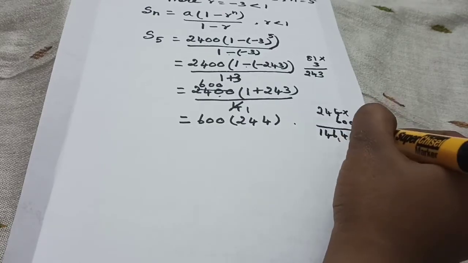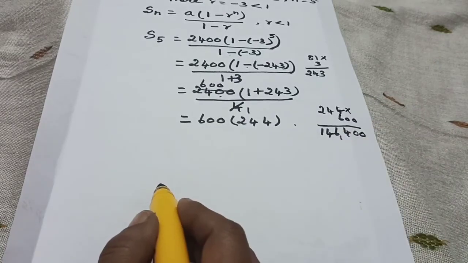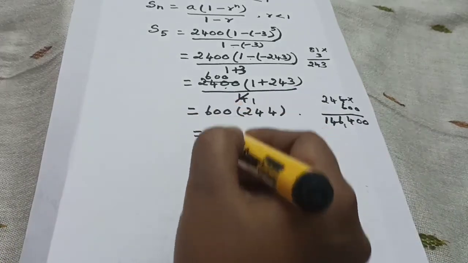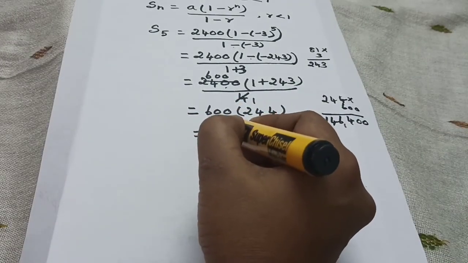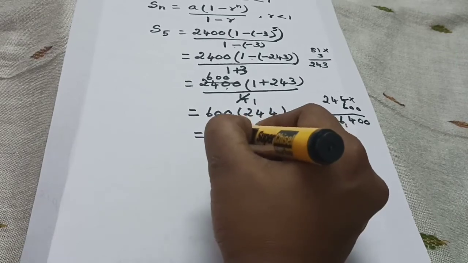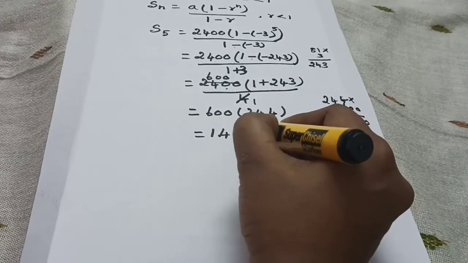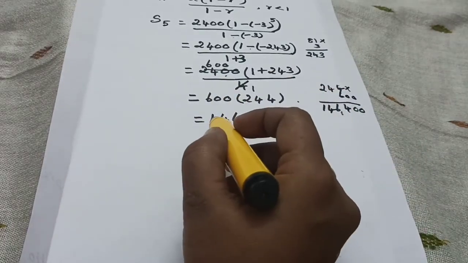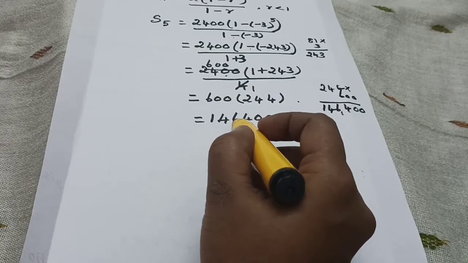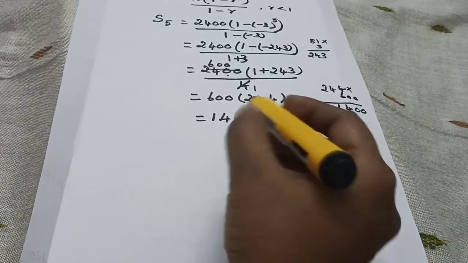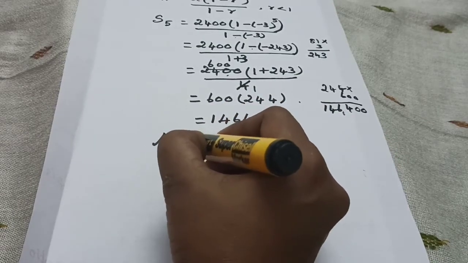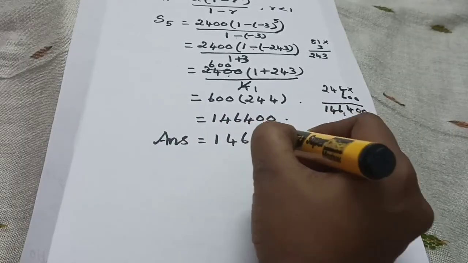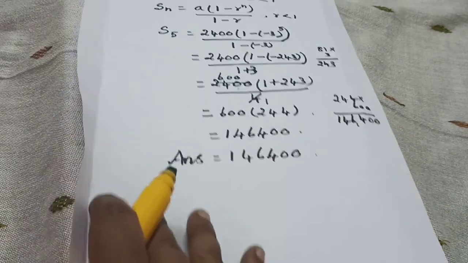This double zero also add it here. Correct? So we have to write this answer here: 1,46,400. How do you read this one? 1,46,400. Therefore, the answer is 1,46,400. Are you clear on this one?